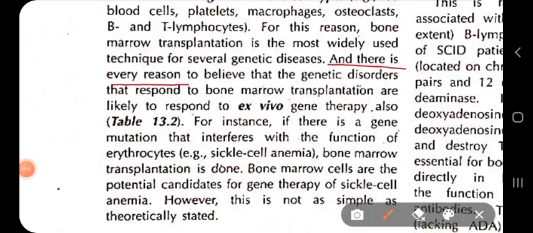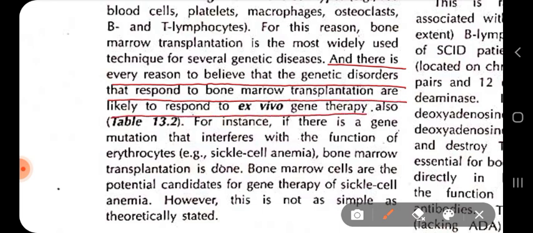There is every reason to believe that genetic disorders that respond to bone marrow transplantation are likely to respond to ex vivo gene therapy. Now we normally go for ex vivo gene therapy when we are using bone marrow transplantation, like from table 13.2, where with the help of bone marrow, we have used this ex vivo gene therapy for curing certain genetic diseases.